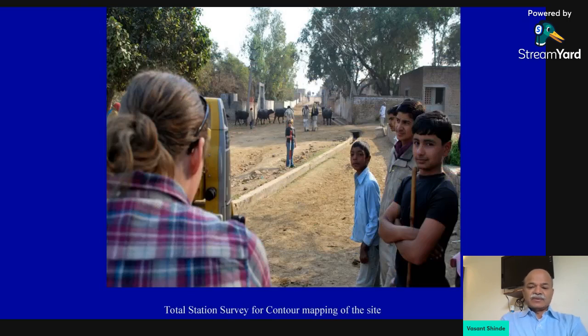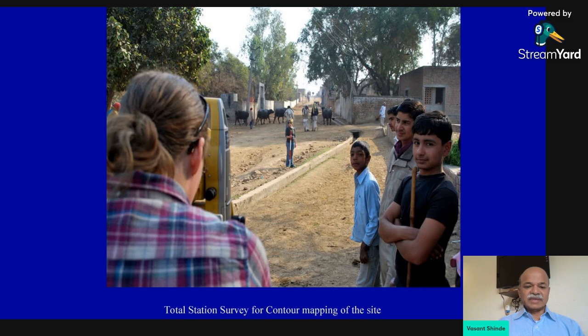Then, as I mentioned, in order to calculate the total area and to understand and protect the morphology of the site, we undertook a geophysical investigation at the site. So we carried out a very intensive survey of the site.